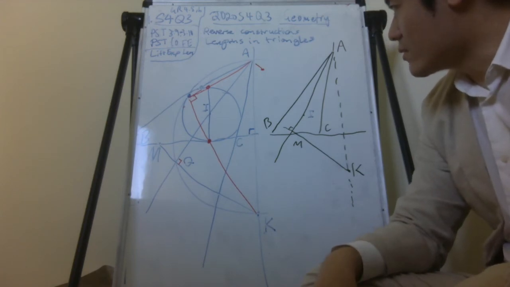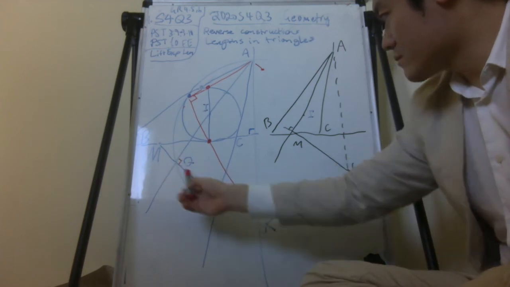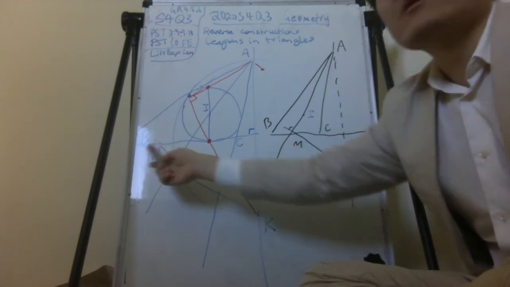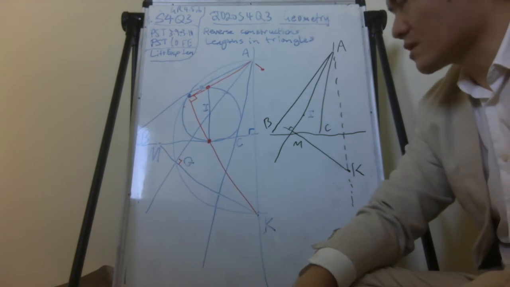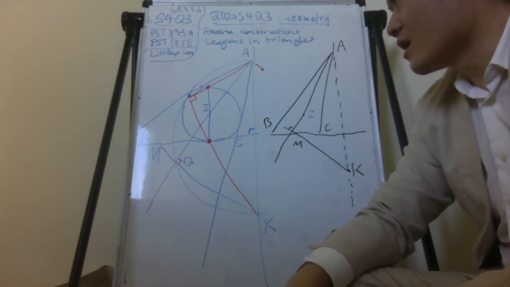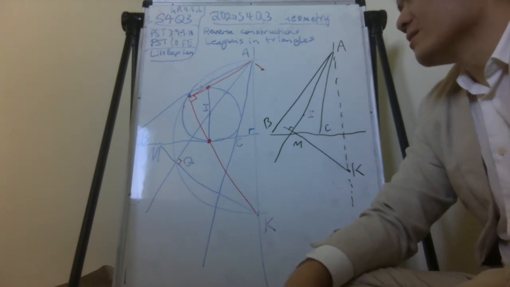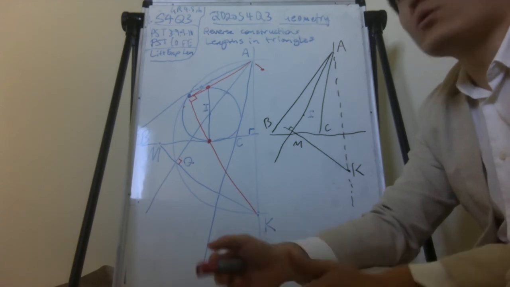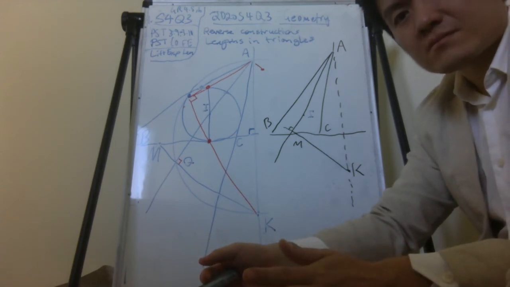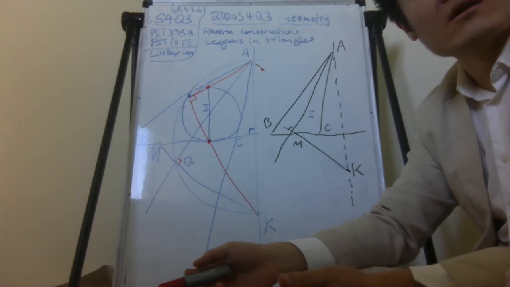So you have that this extends to a point on BC. This is kind of the hard and interesting part of the problem, because you're like, why is it even doing this? But now we know that there is a point on BC, and there's only one for which this construction can work.